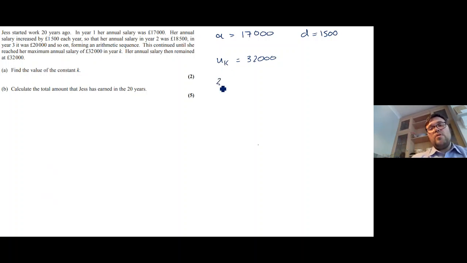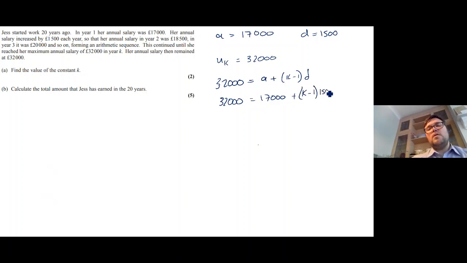We've got 32,000 equals, as I said, you might as well get used to writing the formula, so it's going to be a plus n minus 1, which is K minus 1, d. So 32,000 equals 17,000 plus K minus 1 times 1,500.